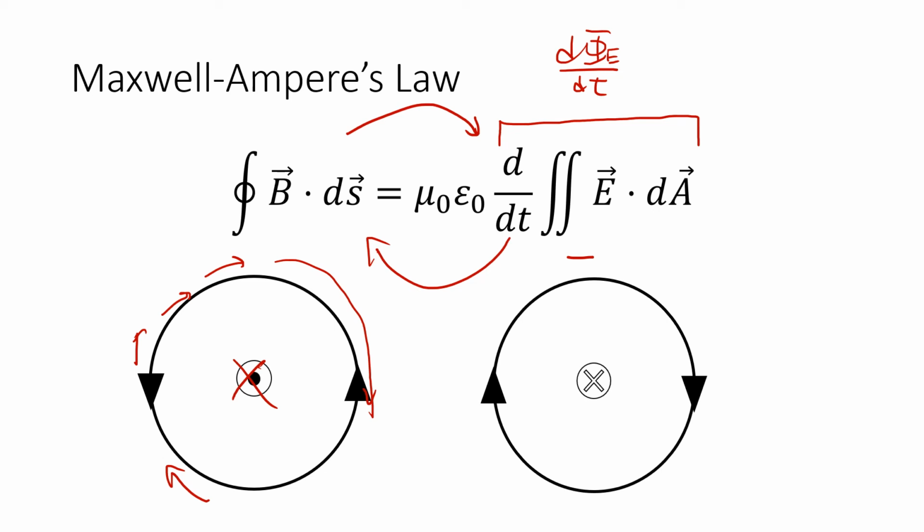If you know flux is increasing into the page, you know the left side also has to be negative, and so it has to go against the direction of the contour integral. Same thing if you choose it like this. If you know the magnetic field goes around counterclockwise, then you know that the flux is increasing in the negative direction. Since positive is into the board, then flux is increasing out of the page. And then the same thing with the negative.